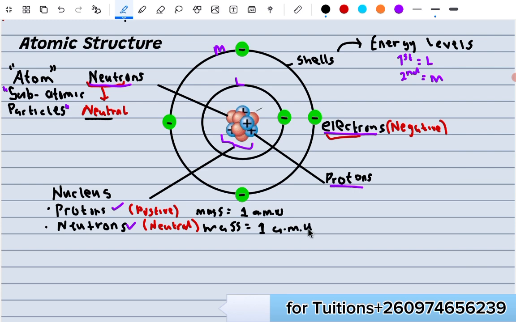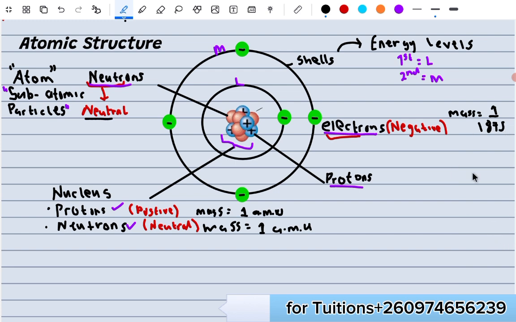Interestingly, the other subatomic particle, the electron, was discovered to have a very small mass, about 1 over 1,875.